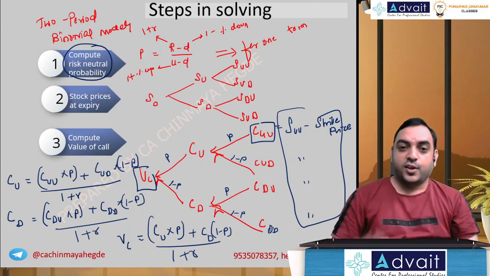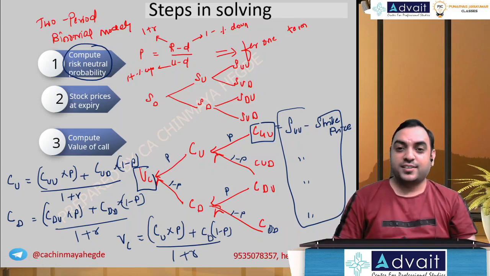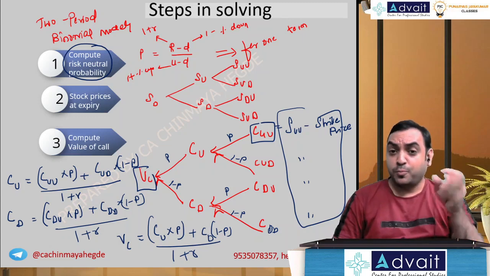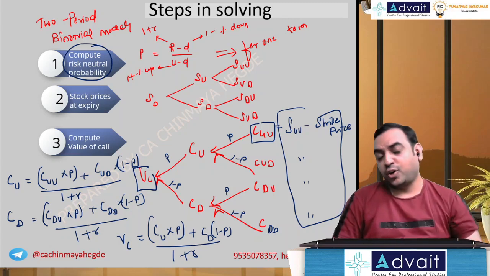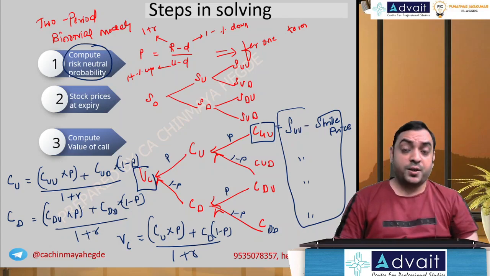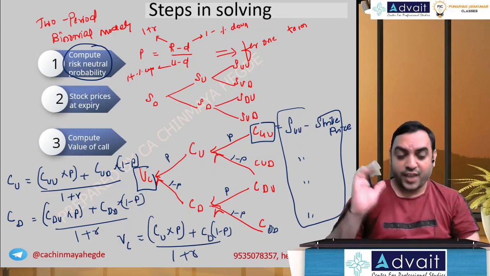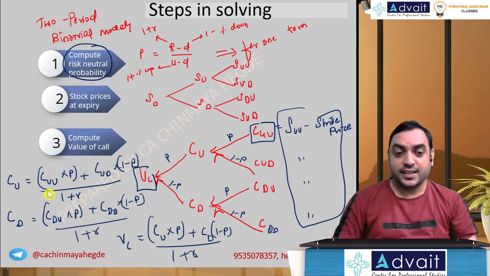Okay, very good. So this is about the binomial model, portfolio replication approach, binomial model under risk neutrality approach, and two-period binomial model problems. We have one more important one, that is the Black-Scholes approach. Let me explain that.